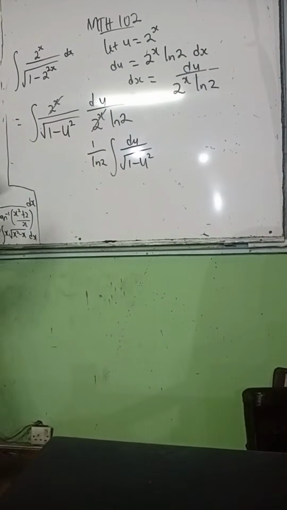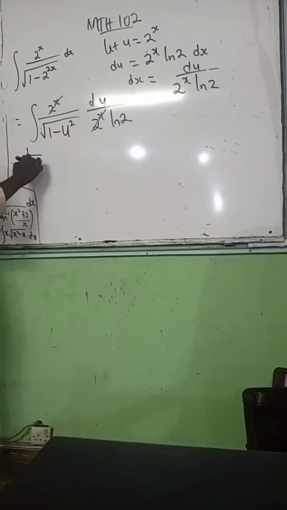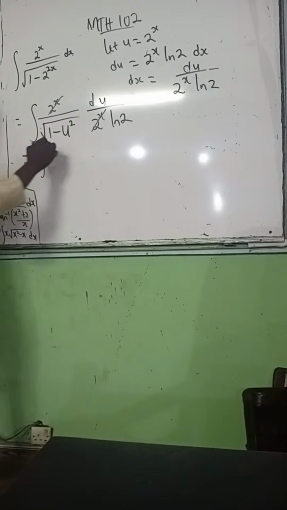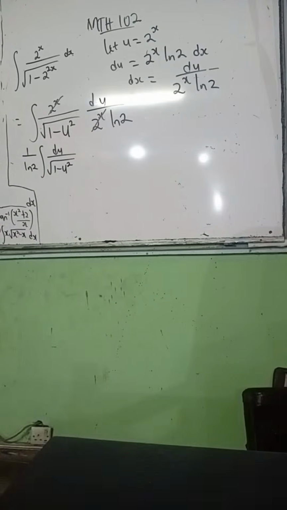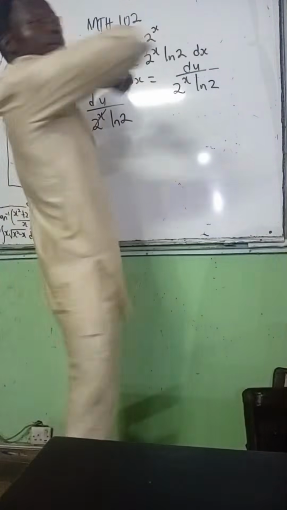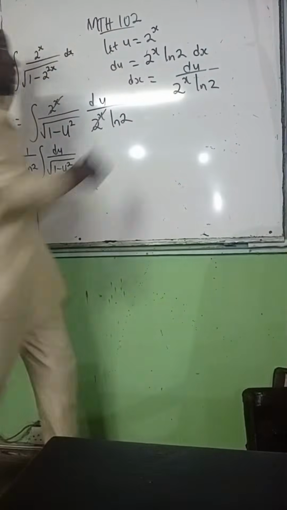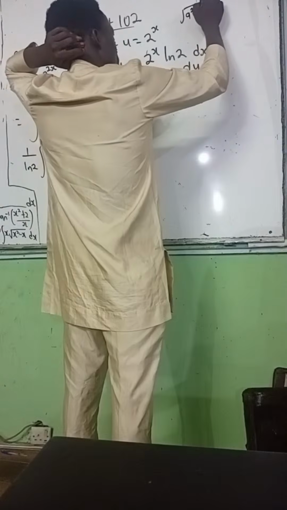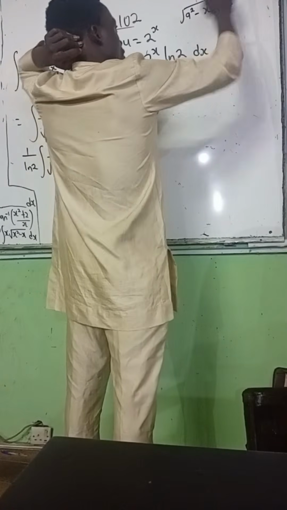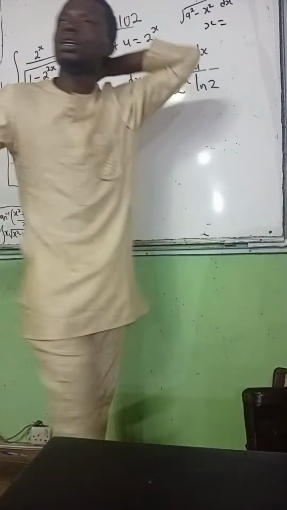So let me write it here so that I can write something at the front. 1 over ln 2 integral of du over root 1 minus u square. So what do we do? We know there is a formula, the trigonometric substitution. We remember, if we have root constant square minus the variable square, use x equals what?